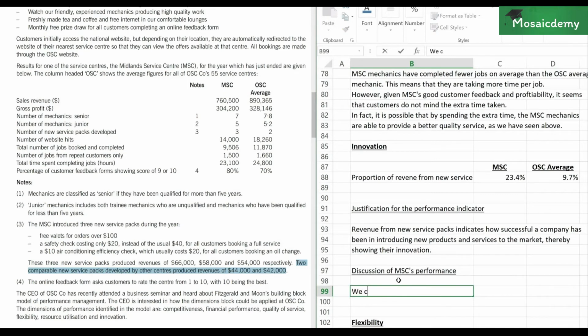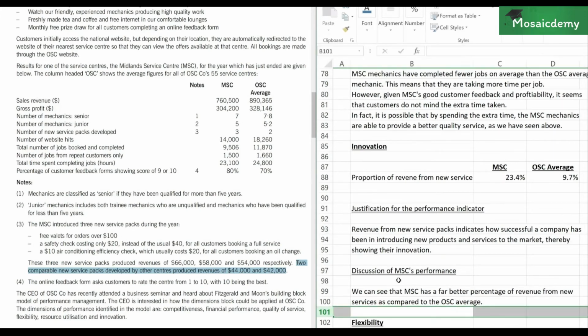We can see that MSC has a far better percentage of revenue from new services as compared to the OSC average.